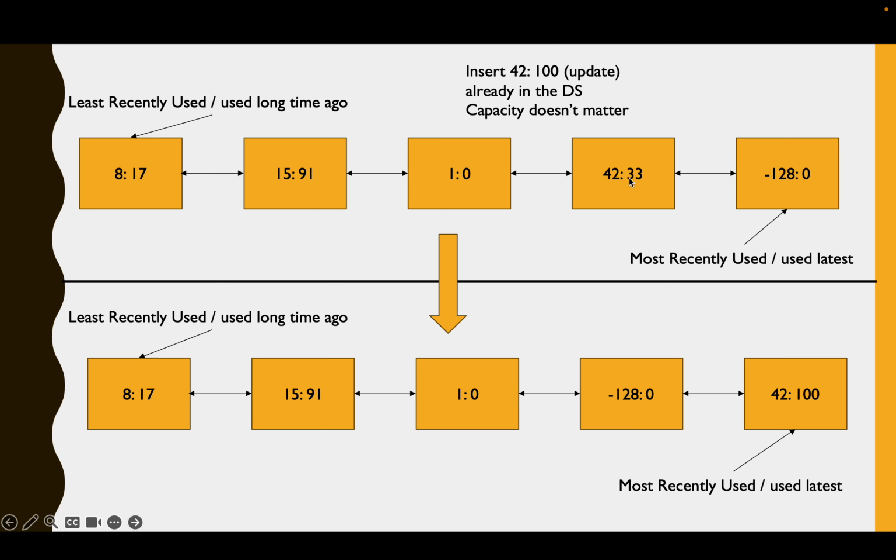You can see it as a delete, that the old 42:33 was deleted and the new 42:100 was inserted at the head, or you can say that you just picked it up and moved it to the front. Anything works, but what you want to achieve is the functionality. The implementation is abstracted and up to you.